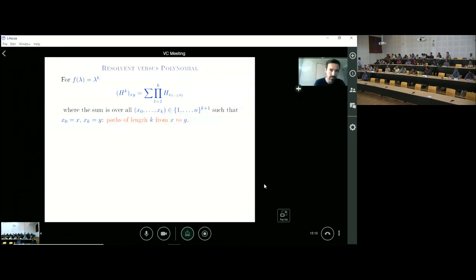This combinatorial interpretation is the one we will use. So the powers are just counting weighted paths in your matrix.